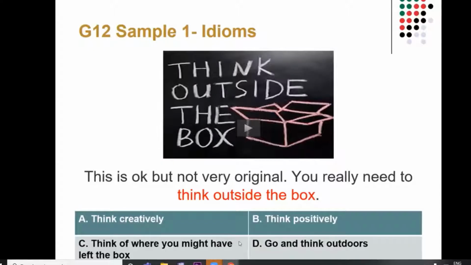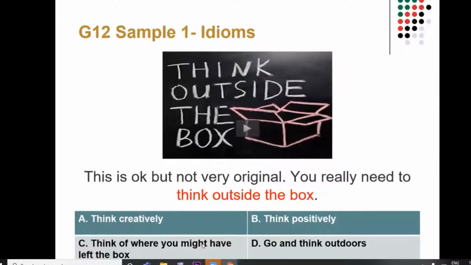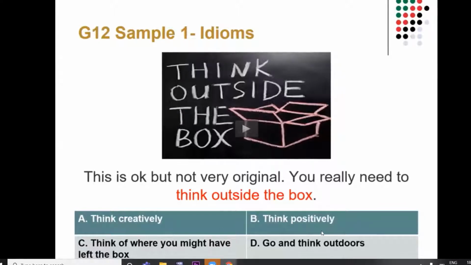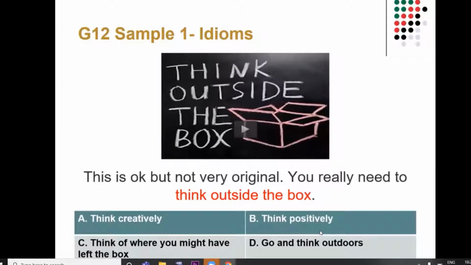Let's discard C and D. The choice will be between A and B. Is it to be creative, a creative thinker, or to think in a positive way? I think being creative. Yeah, being creative. Find an idea which no other people can think of.